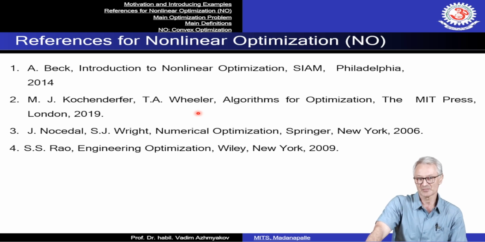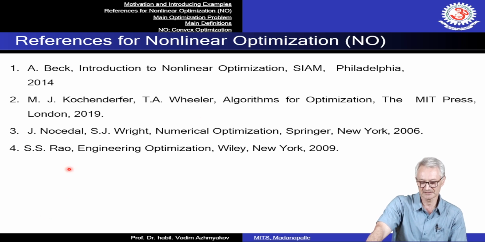Book number 3 is a very classical compendium, a very big collection related to the numerical methods in optimization. Jorge Nocedal is originally a Mexican colleague, but has been working for many years in the United States.